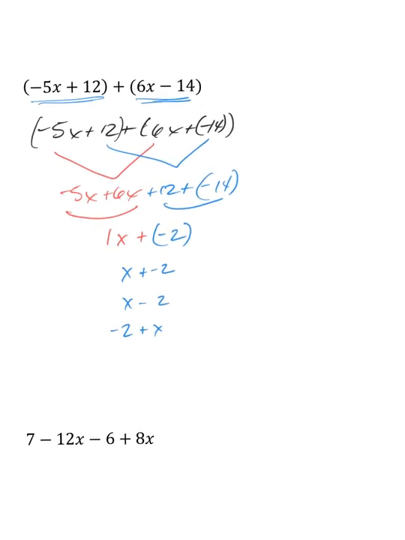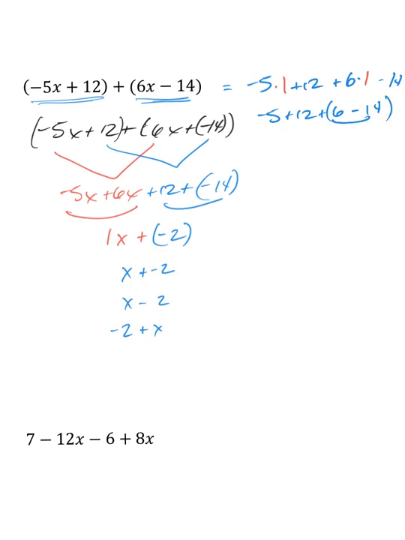If I write my original expression and substitute a 1 for x, I would get negative 5 times 1 plus 12 plus 6 times 1 minus 14, which is negative 5 plus 12 plus 6 minus 14.